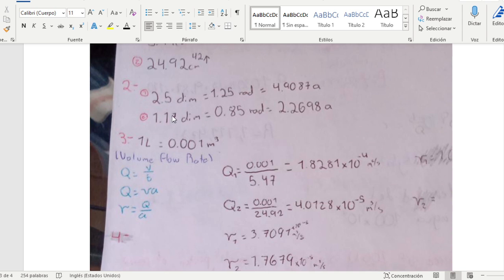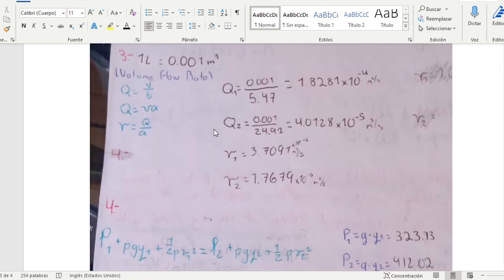It was 1.17 diameter, that is equal to 0.85 radius, which, using the same formula as in the first part, we can get 2.2698 area.